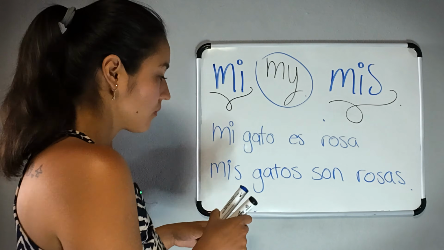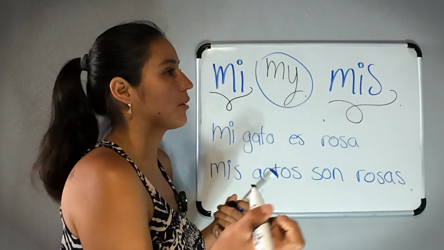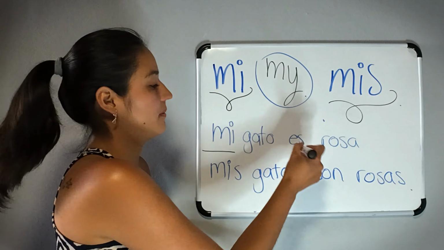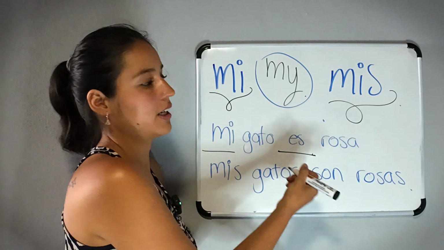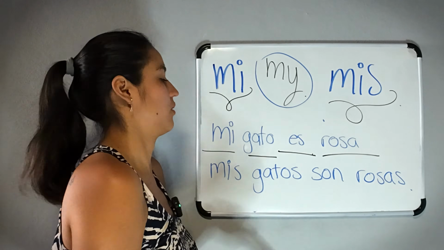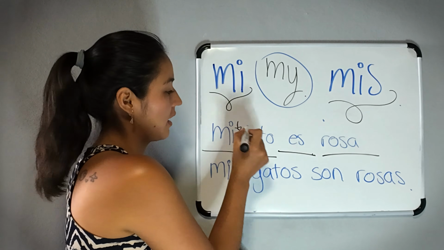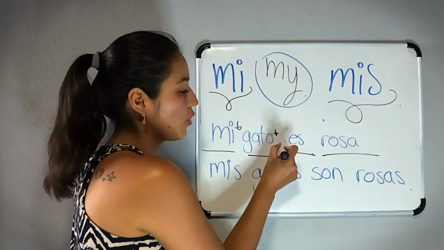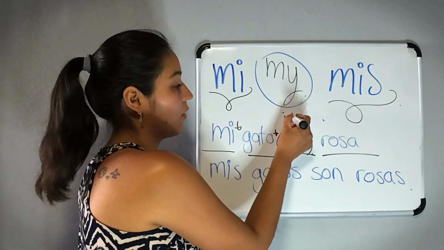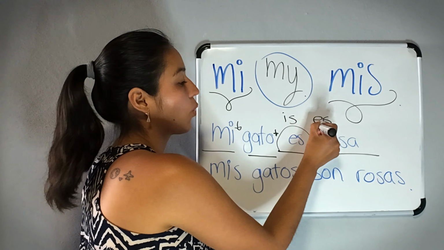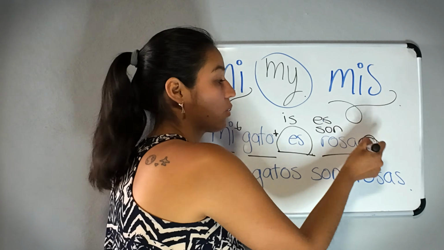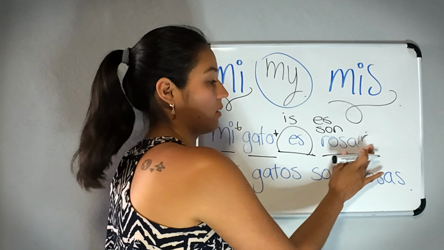Check this. We remember that in Spanish we are always matching. So, singular and singular. Everything is singular, so I don't have an S in here. I have S in here because you have to choose between es or son. Okay? And rosas is also not plural, it's just one.